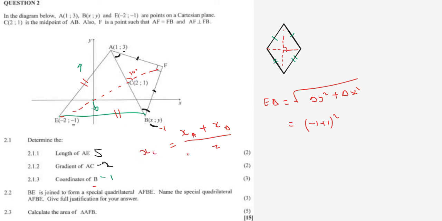So the very same procedure you follow. X at A, it's 1. X at B, that you don't know, is going to be x at B all over 2, x at C. X at C is 2.